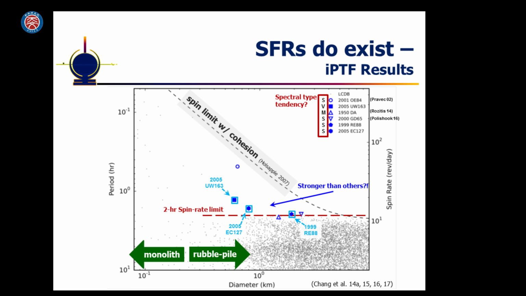And at that moment, we found that the known superfast rotators seem to tend to have stronger spectral types, like S or metal type or Vesta type, which is like rock. So we just wondered if only strong material can have superfast rotators. So we decided to use Pan-STARRS1 to find more superfast rotators and try to get their color simultaneously.